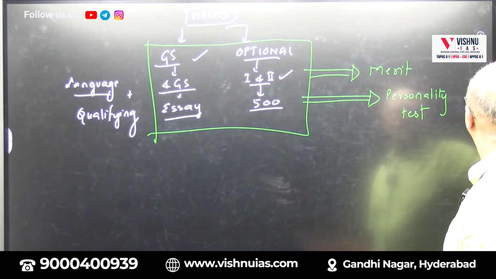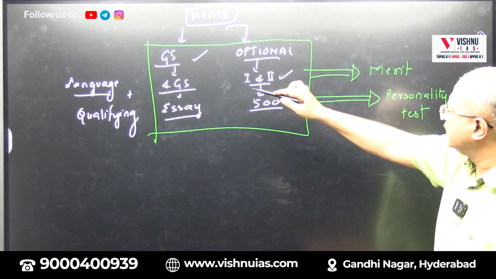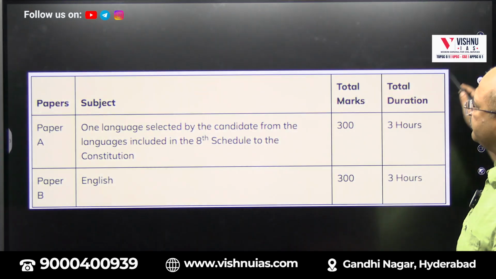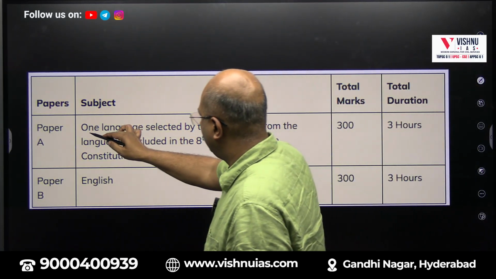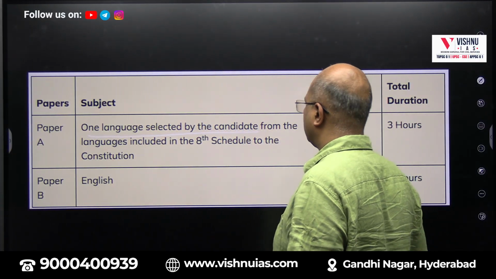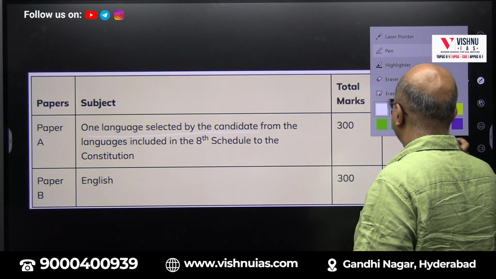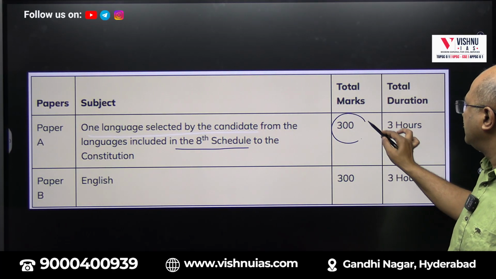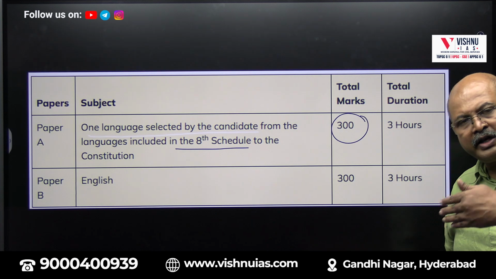Now, what is included in this language paper? In the first language paper, which can be any language you have selected from the 8th Schedule of the Constitution, the total marks will be 300. Again, it is qualifying in nature.